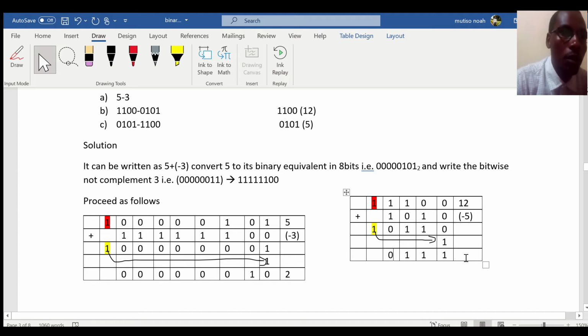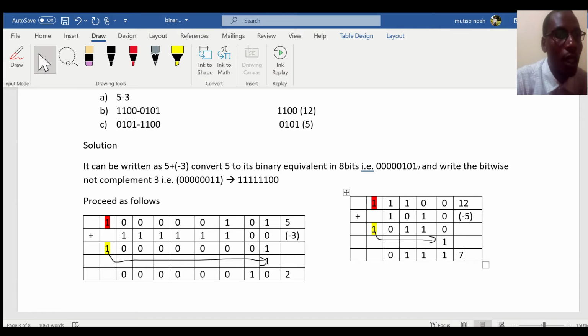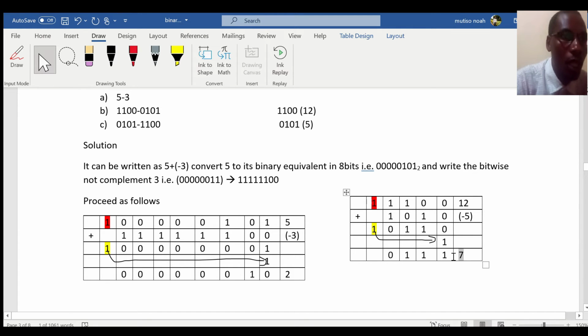You can confirm if this is equivalent to 7 in decimal form.